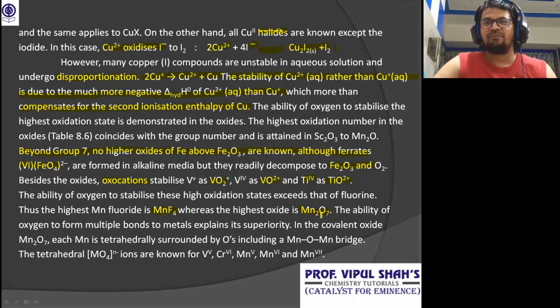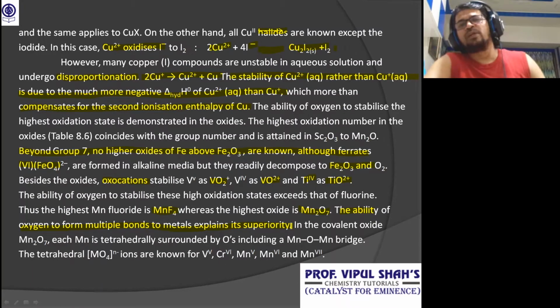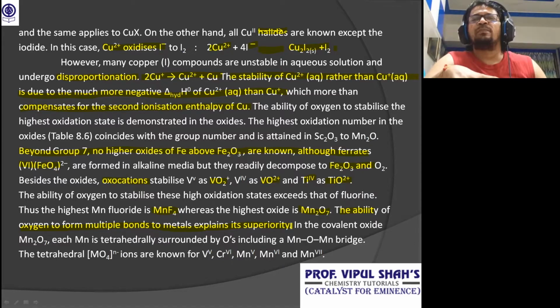Is this clear? Whereas fluorine can't form a pi bond. Fluorine will always form a single covalent bond only. So that's what it says. The ability of oxygen to form multiple bonds to metal explains its superiority. So we say the maximum oxidation states are of the elements with oxygen and fluorine, where more superiority is with oxygen because of its ability to form pi bonding.